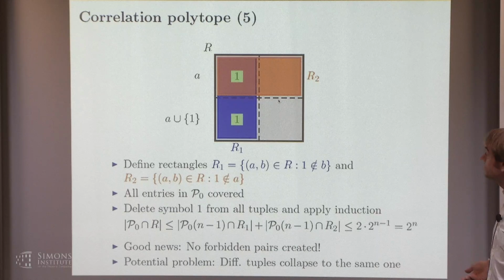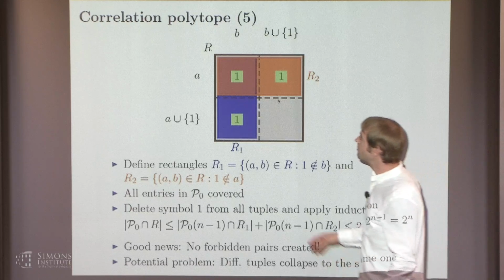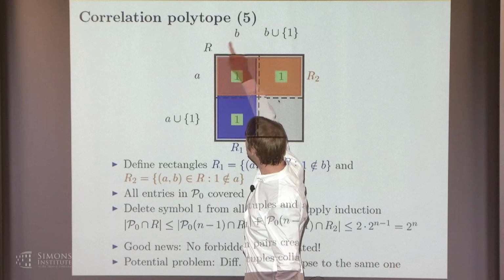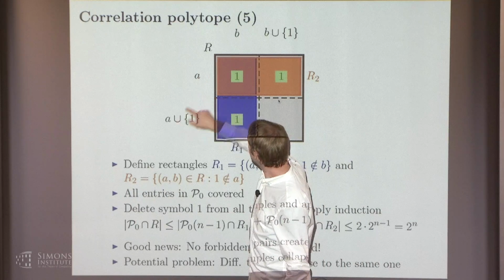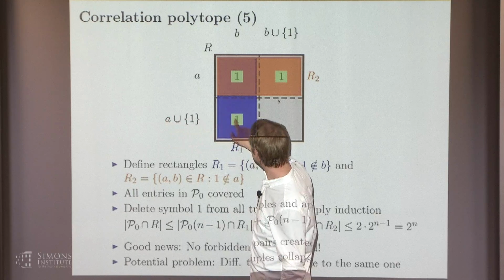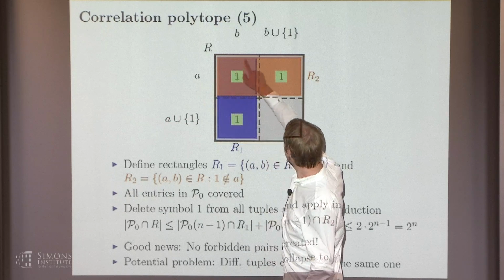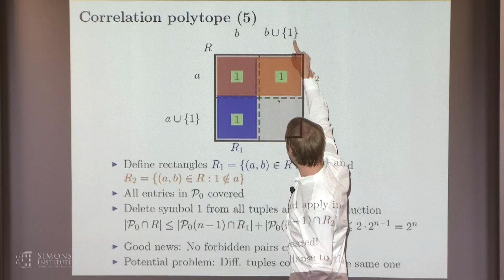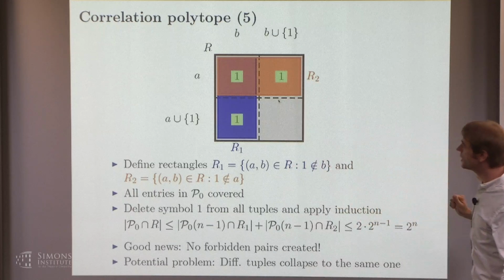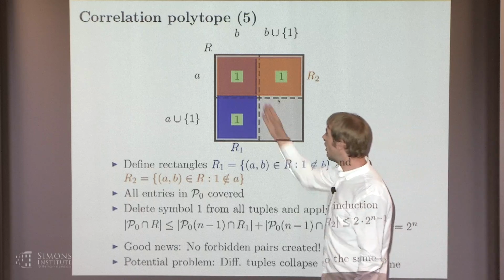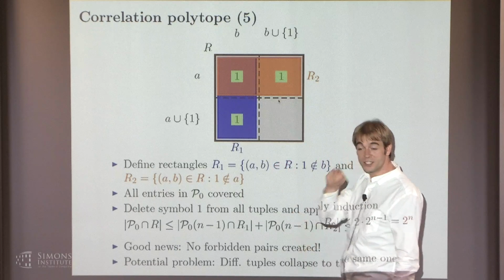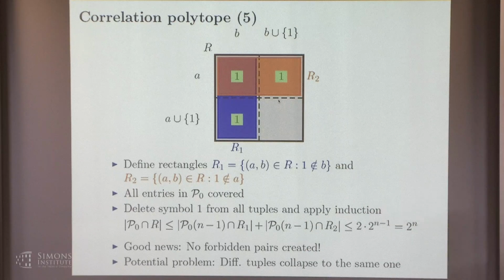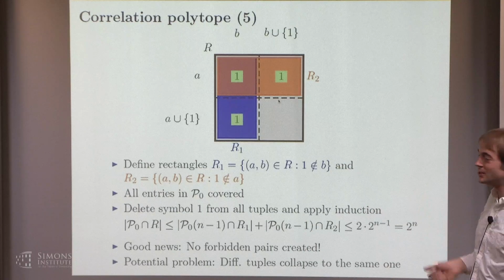But there could be a problem: there is a pair AB, none of them containing 1, in R. Also the pair B and A union 1 is in your rectangle, and also A and B union 1 is in your rectangle. Then the tuples collapse. You're counting them twice, but they exist 3 times. So then you haven't counted them enough.